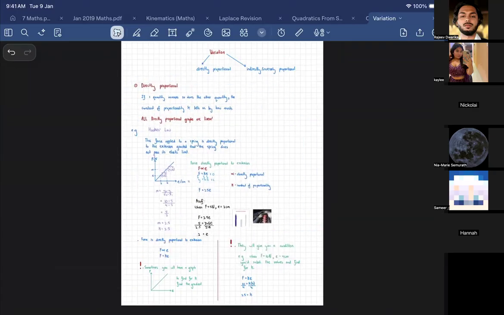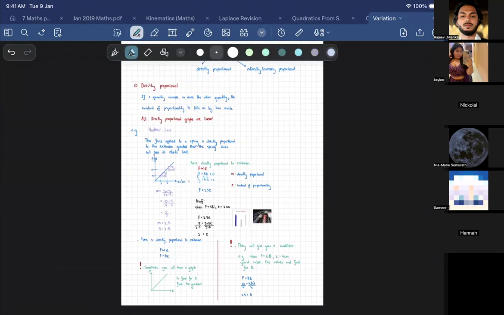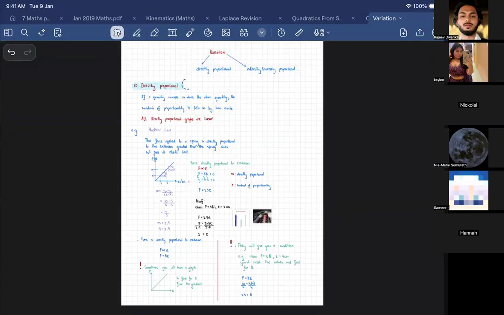Let me see how versed you guys are. Do you all think directly proportional and proportional mean the same thing? Yes or no? Somebody tell me. Akira, do you think that directly proportional and proportional mean the same thing?